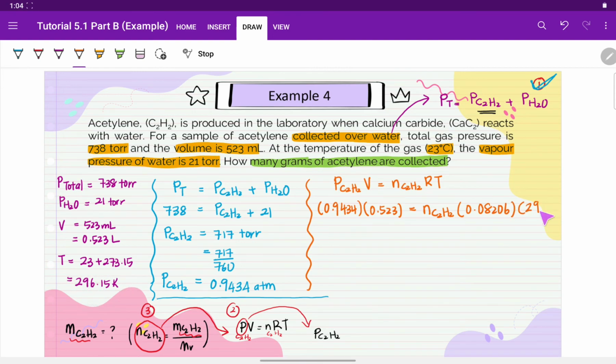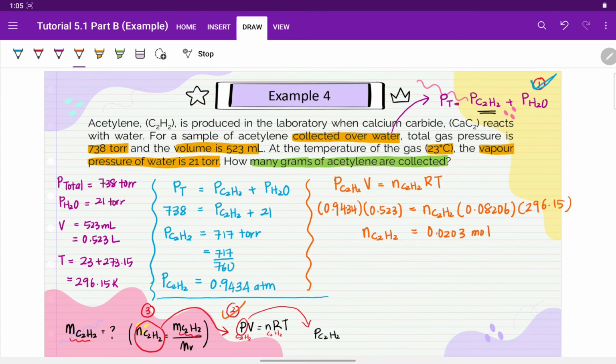So, 296.15 Kelvin. Okay. So nanti kita akan dapatlah number of mole of C2H2 adalah bersamaan dengan 0.0203 mole.